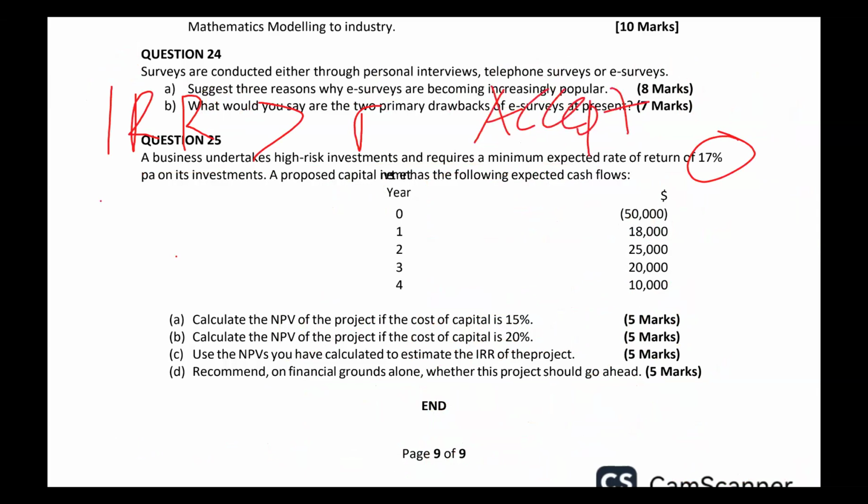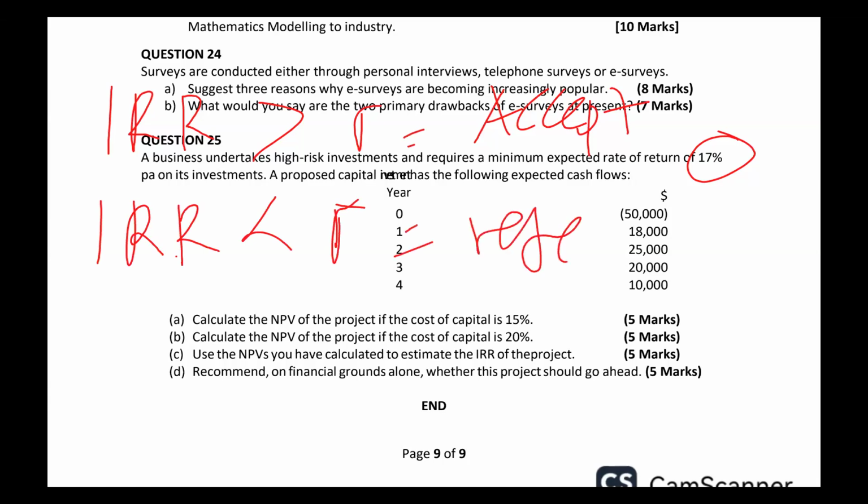If the IRR is less than the expected return, then you have to reject the project. You've gotten that one, yeah?